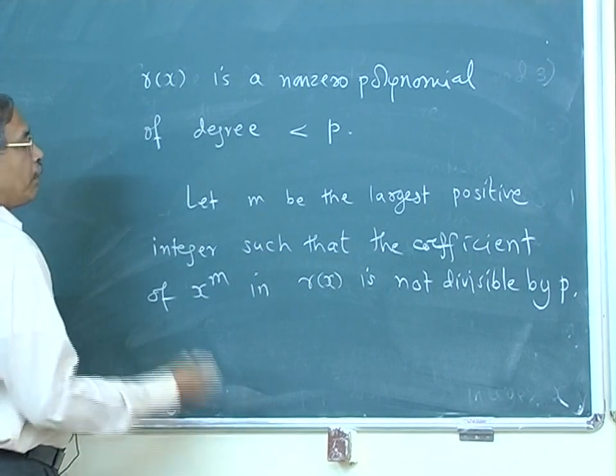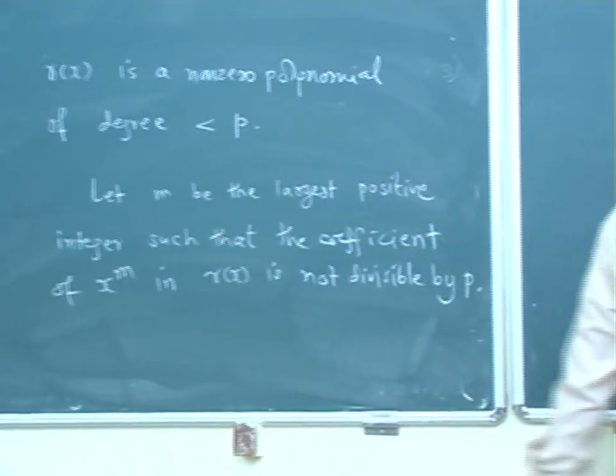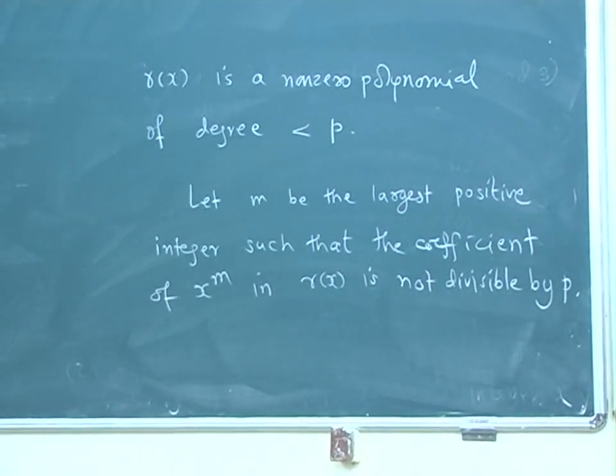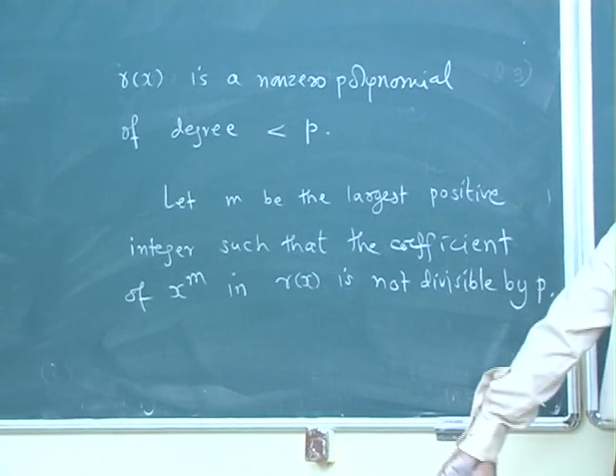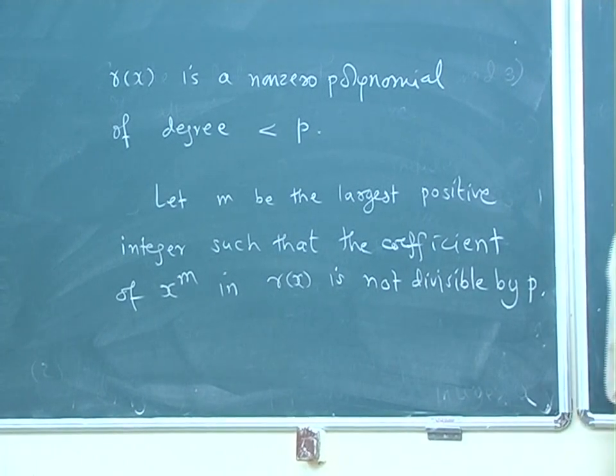Now you take a polynomial g1(x) by excluding the higher coefficients.